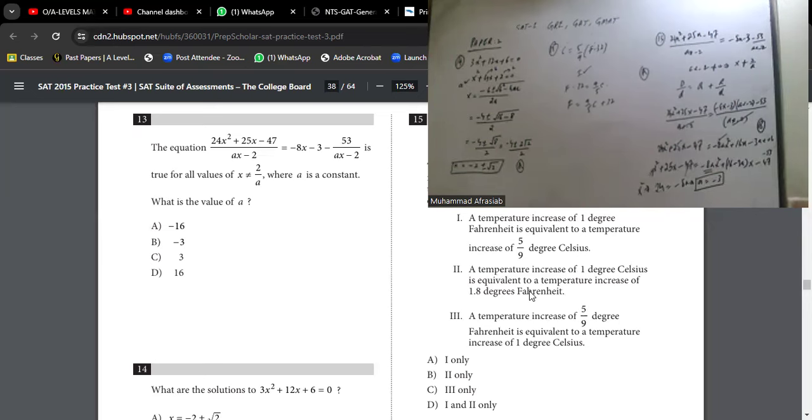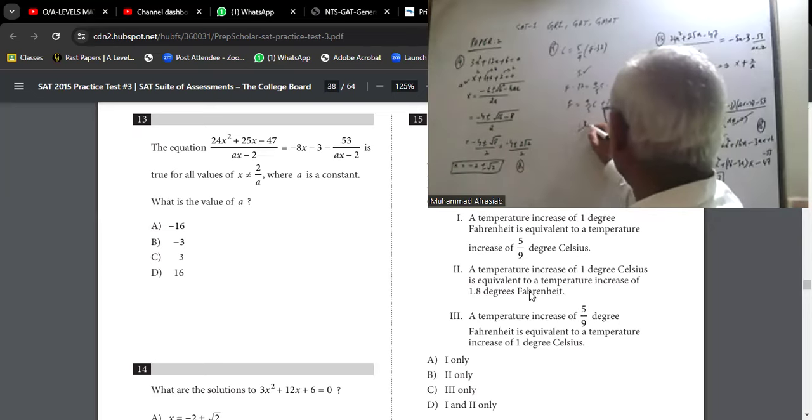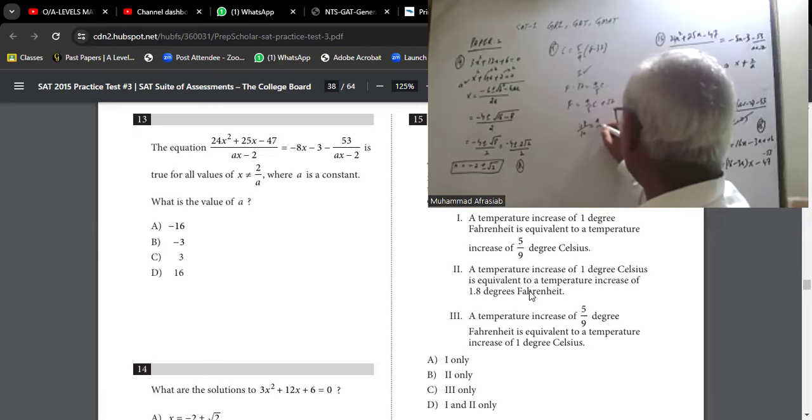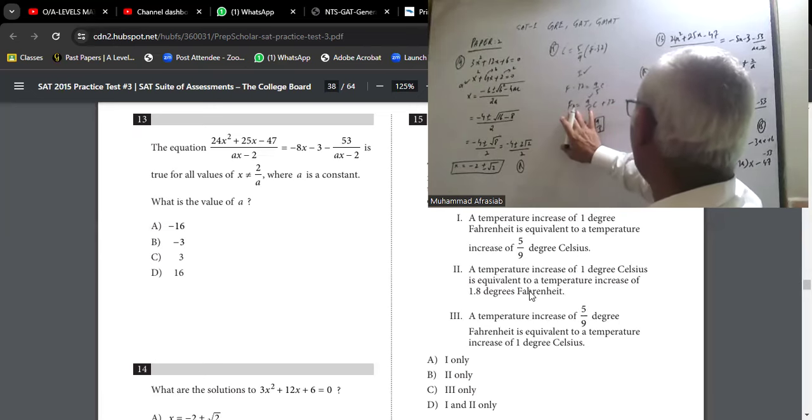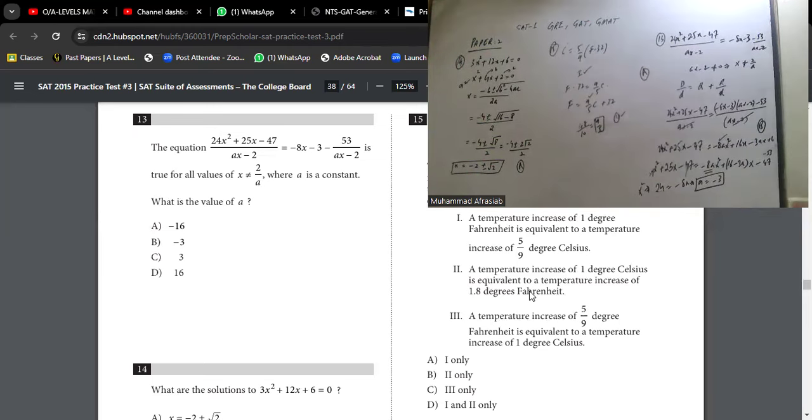Since we know that 1.8 is basically equal to 9/5, according to this relationship, if we make F the subject, it should be equal to 9/5 C + 32. So part 2 is correct there, because a temperature increase of 1 degree Celsius is equivalent to a temperature increase of 1.8 degrees Fahrenheit.